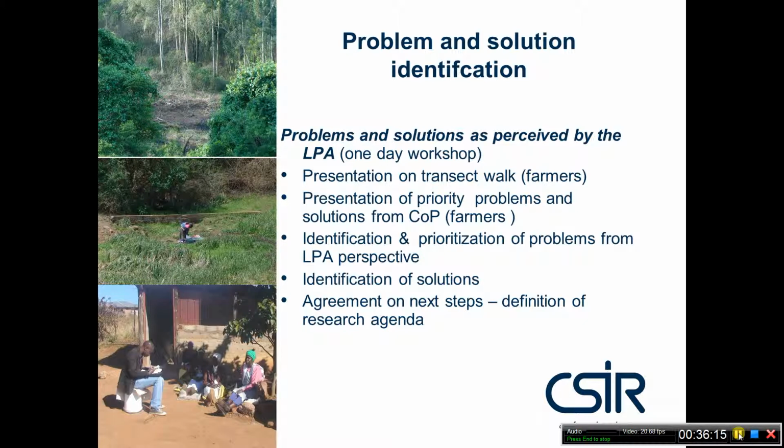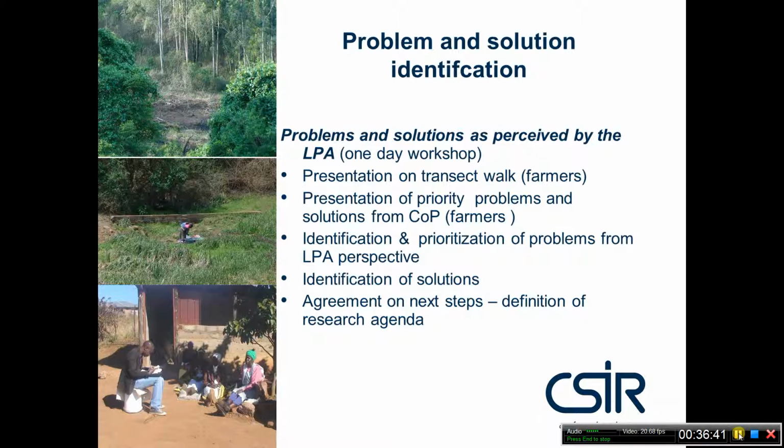The priority problems identified in the COP meeting were presented, and the potential solutions were also presented. This was followed by an exercise of identification and prioritizing problems from the perspective of the LPA and identification of potential solutions to those problems.